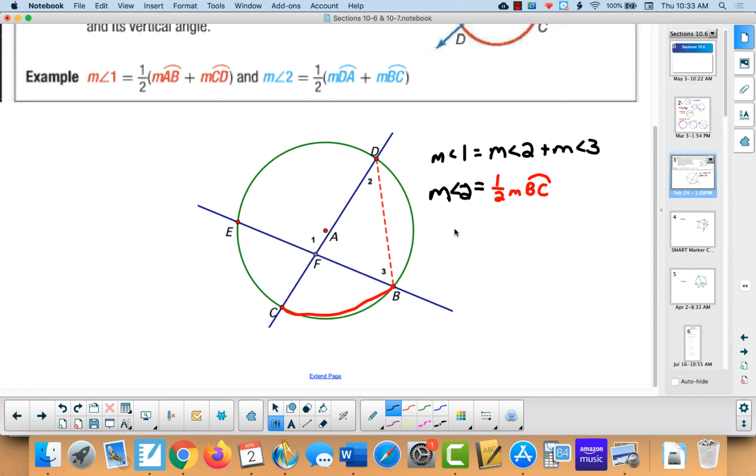The measure of angle 3 is equal to 1/2 its intercepted arc, because it's also an inscribed angle. Its intercepted arc is ED.